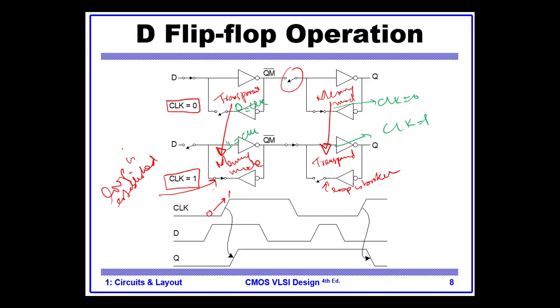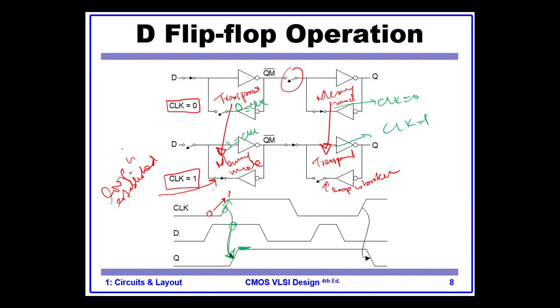It means that D, which was waiting, is sampled and allowed to go to the output on the positive edge.